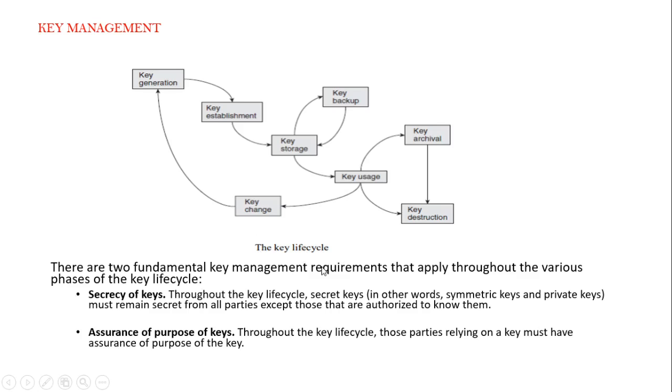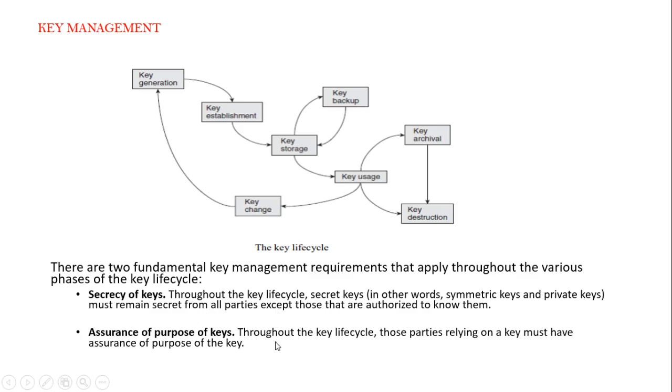There are two fundamental key management requirements that apply throughout the various phases of the key life cycle: secrecy of keys, and assurance of purpose of keys. What is secrecy of keys? You know already. Throughout the life cycle, secret keys, in other words symmetric keys and private keys, must remain secret from all parties except those that are authorized to know them.